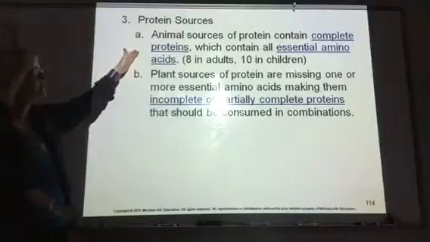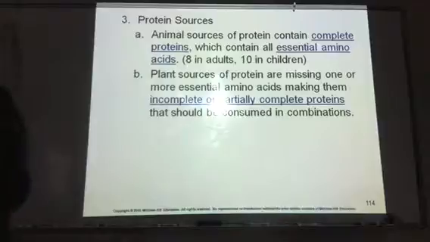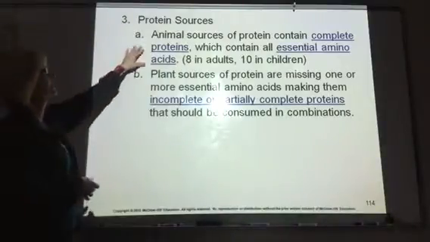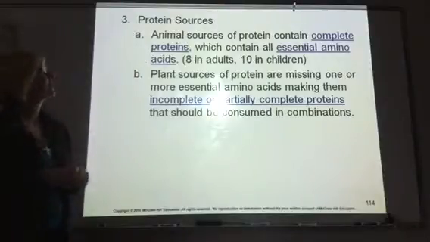Animals contain complete proteins, which means they have all of your essential amino acids. There's 8 essential amino acids in adults. There's 10 for children. So protein is even more important in a child than it is in an adult.